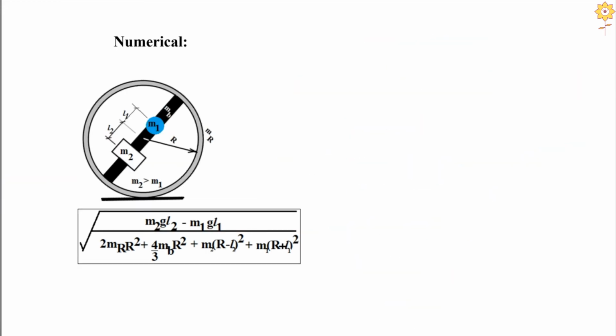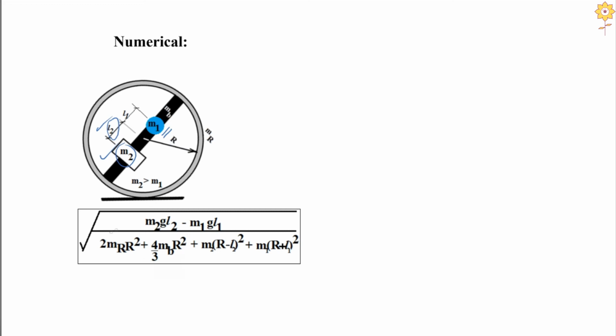Now the last one is a small modification compared to the earlier one. Now what we have is a block m1 added at distance l1. The initial mass of the block m has been replaced by m2, and small l has been replaced by l2. So we make the corresponding changes here also, and we can add the contribution of this one over here.